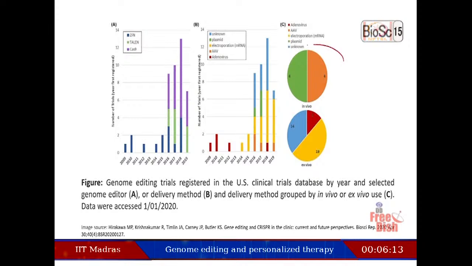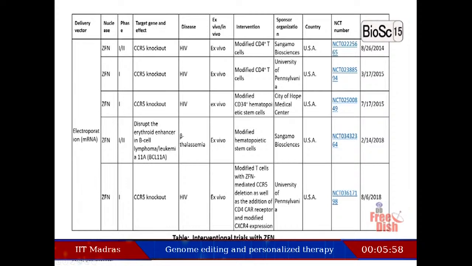So this is the data for in vivo, and this is the data for ex vivo, which is much bigger when compared to in vivo. Now various delivery vectors are already shown statistically here, and this is a table where you can see electroporation, mostly ZFN is using them, and particularly CCR5 knockout for HIV is very prominent here.